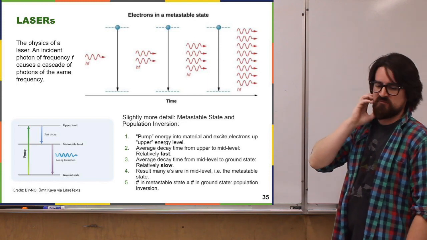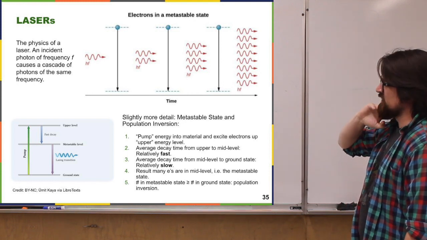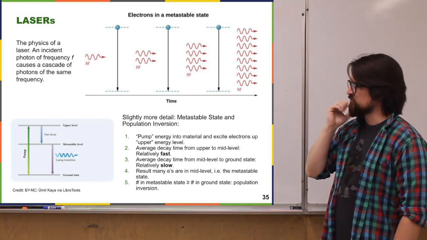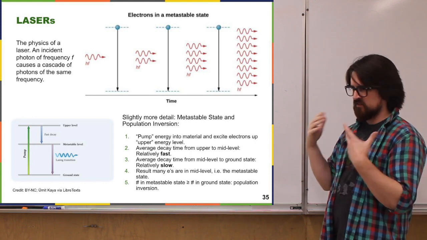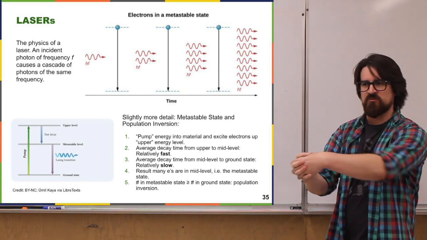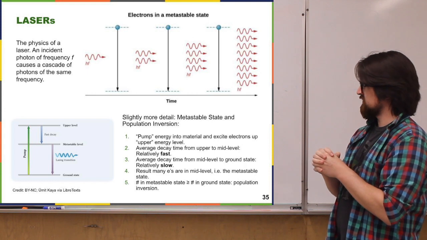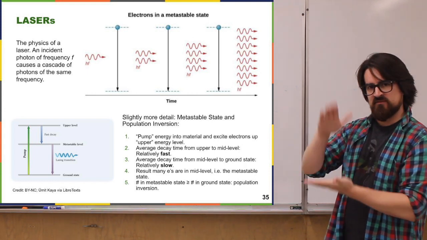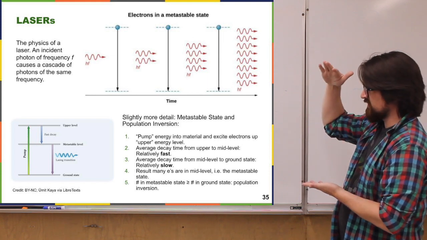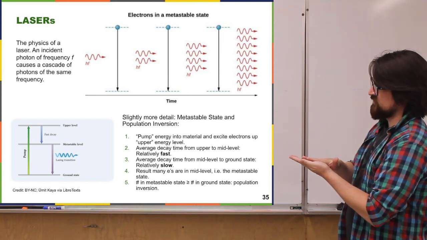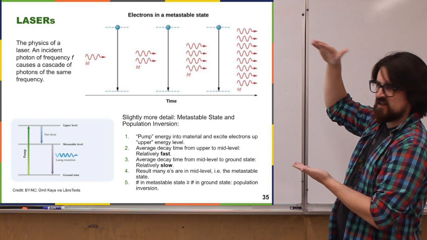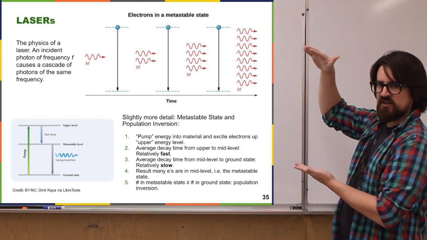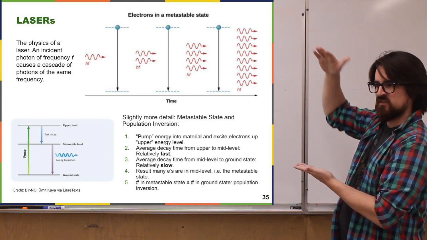Well, there's a lot of ways to do it, but just to point out one way, sort of the simplest way of thinking about it, is that you have this material that you're going to work with, your lasing medium, I think they call it, and the electrons in those atoms have these energy levels, just like we've been talking about. But it turns out that the time that an electron will generally sit in any of these states is different.